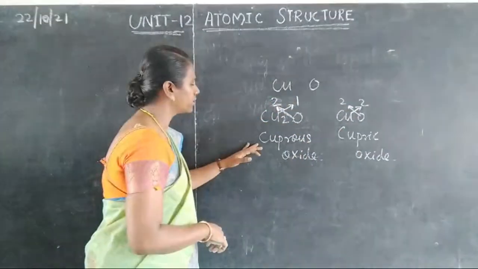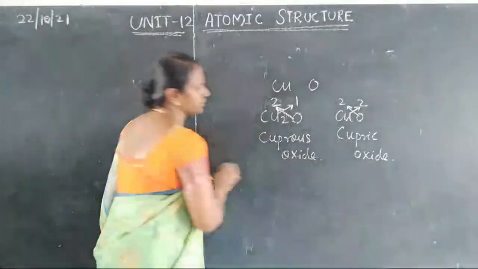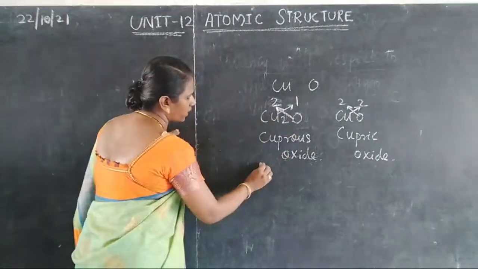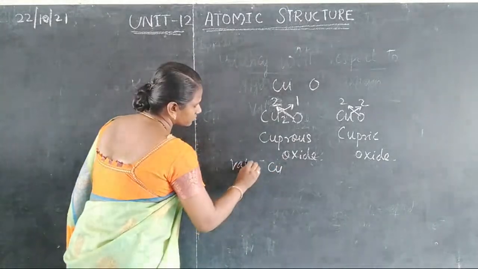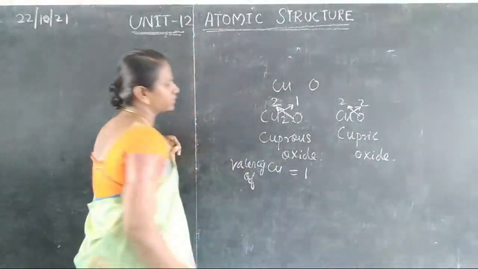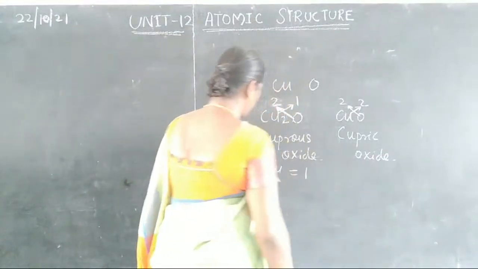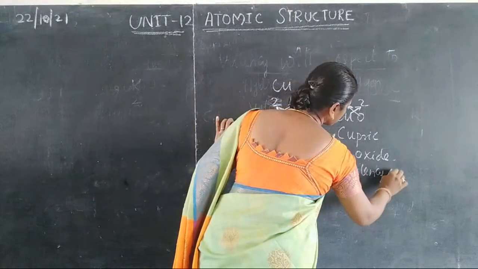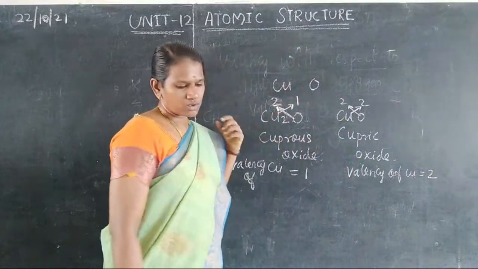So here the valency of copper is 1 in the cuprous oxide. And what about in the cupric oxide? In the cupric oxide, the valency of copper is 2.